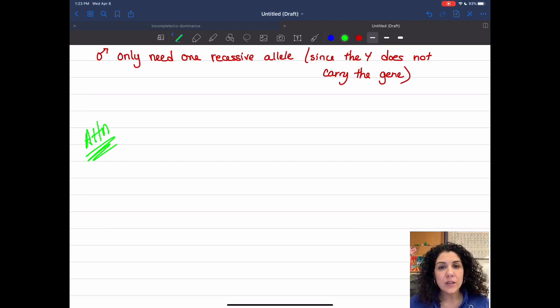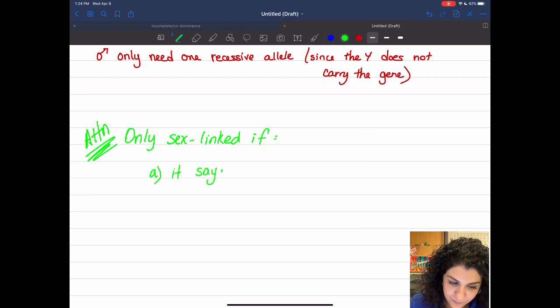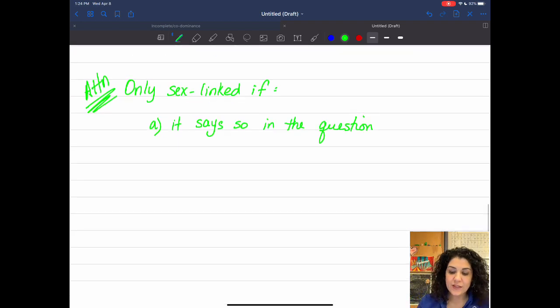So the part that you need to pay attention to here is that there are only sex-linked conditions if these parameters are met, okay? So only sex-linked if it says so in the question, okay?